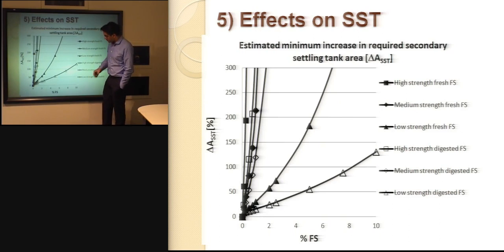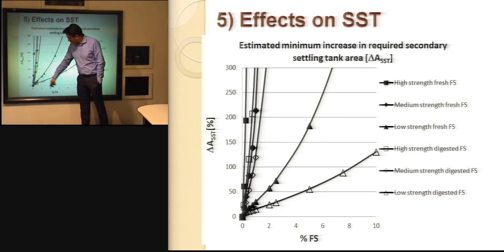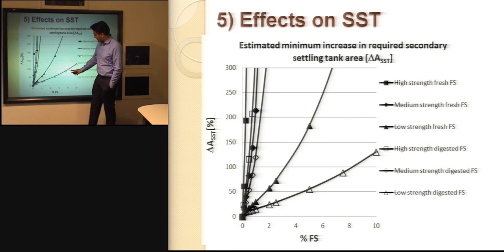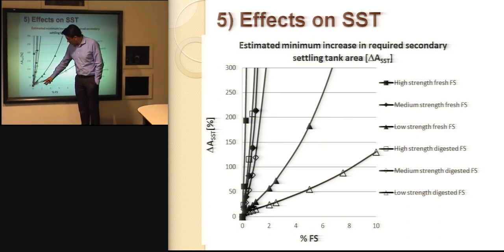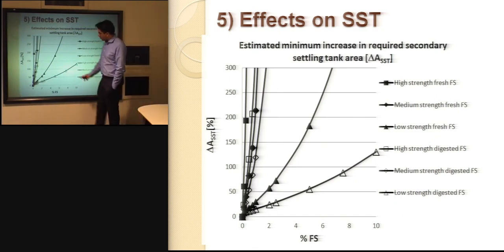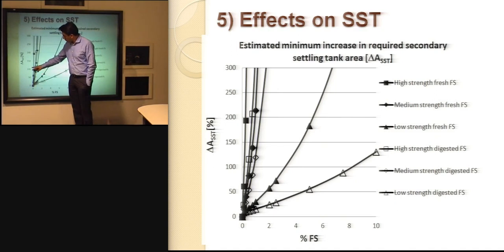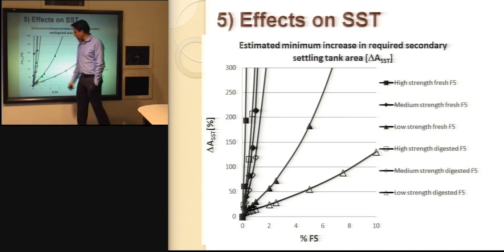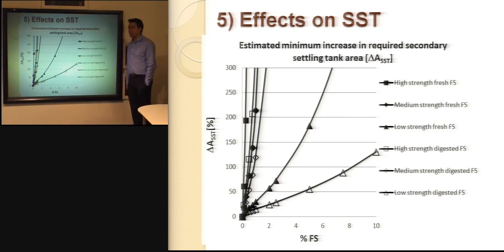For example, in less than 2% fecal sludge, we will already need like 25% more area for the lowest strength digested fecal sludge, but we may even need to double the area of the secondary settling tank if stronger fecal sludges are treated.